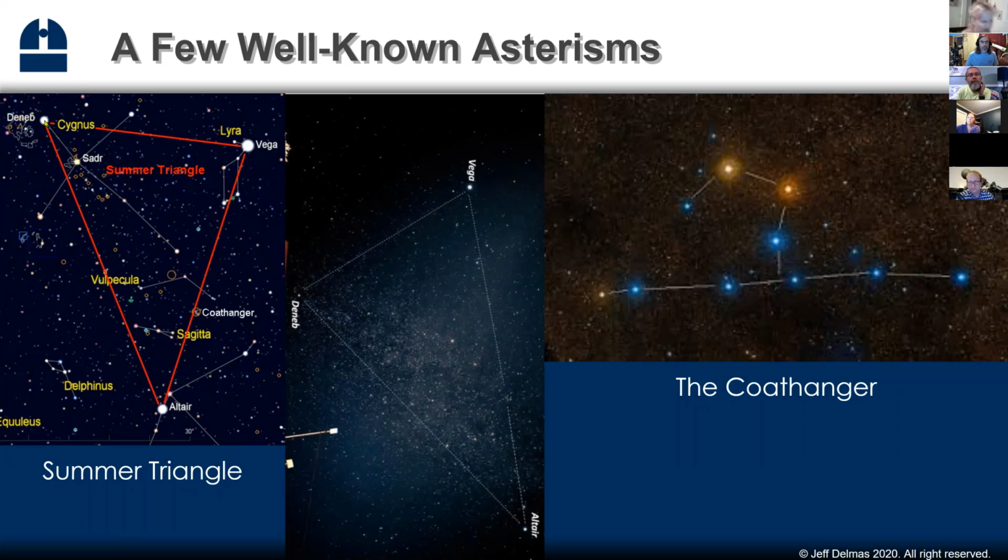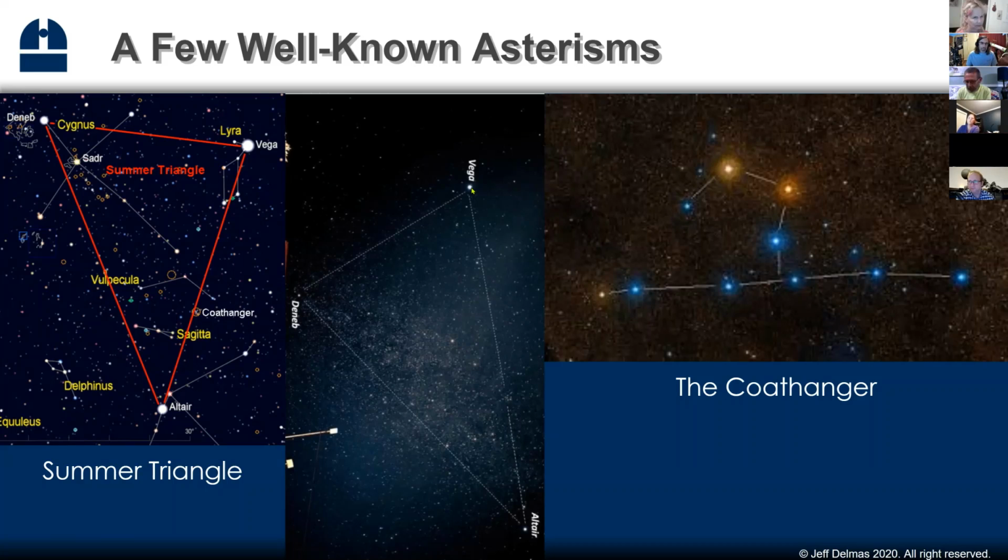And then Deneb, which is the tail of Cygnus. And Altair, that forms the Summer Triangle. This is very large. So it's quite a large triangle, but it is rather prominent.